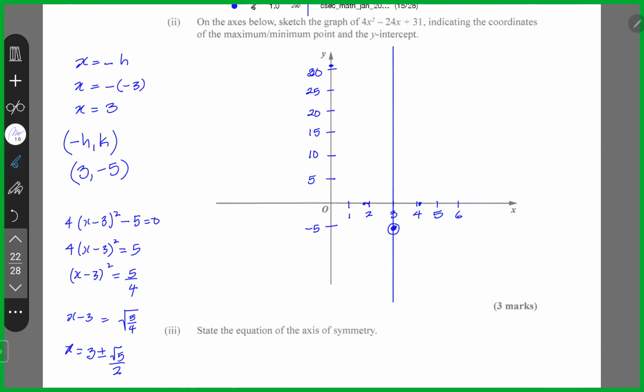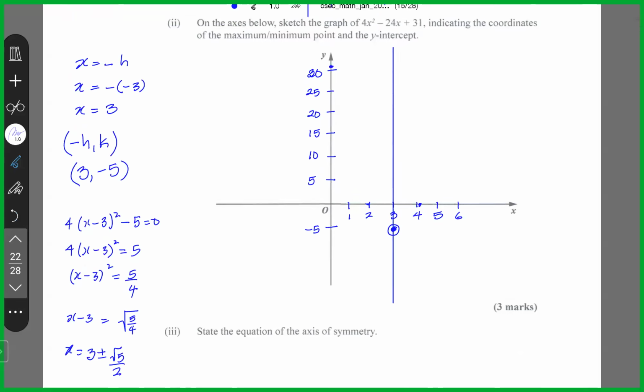And so if I want to draw my graph, I can draw my graph now. I have my x-intercepts. I have the minimum turning point. I have the y-intercept. My graph would look something like this. Turn at the minimum turning point. So somewhere around here.